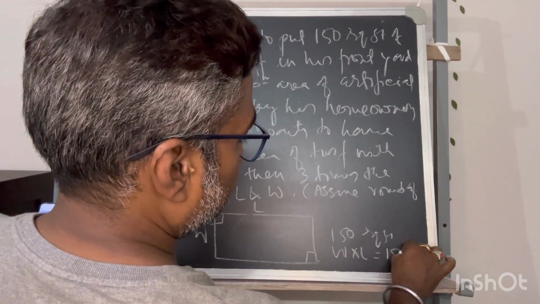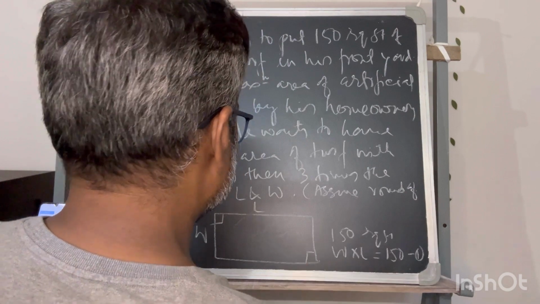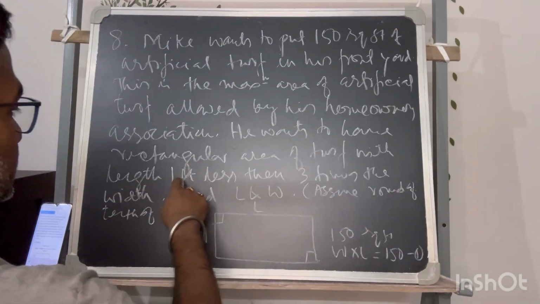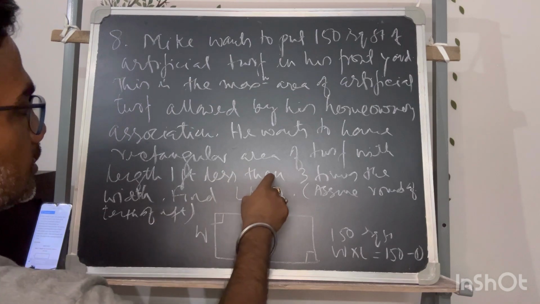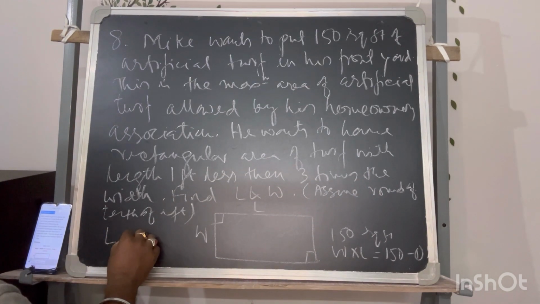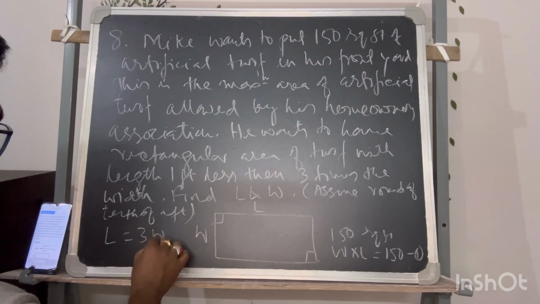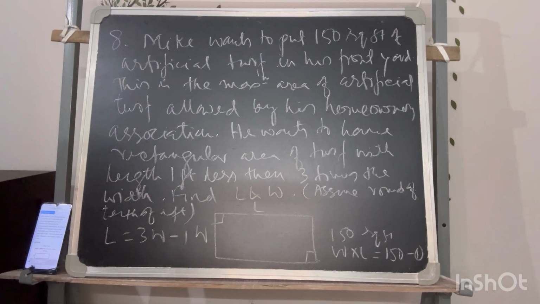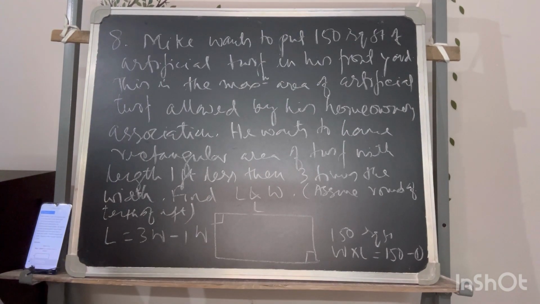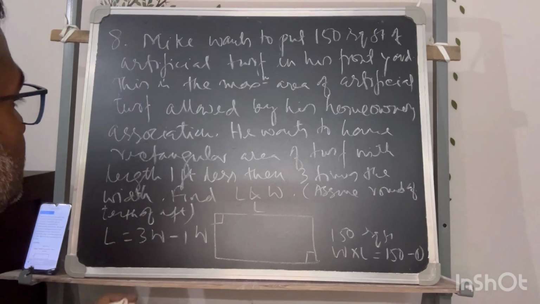The first thing you know is 150. This is the first equation. The second equation comes from length being 1 foot less than 3 times the width. So length is 3 times the width, minus 1. Here it is very easy for you to solve.